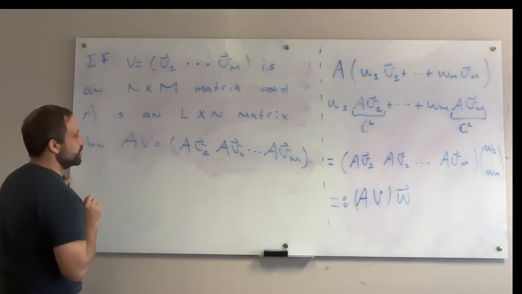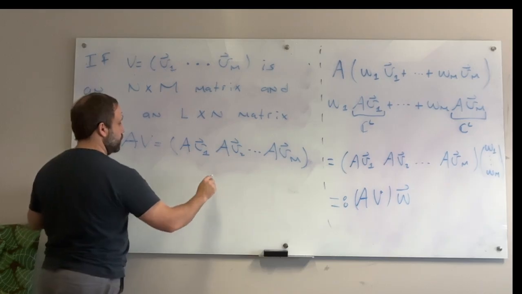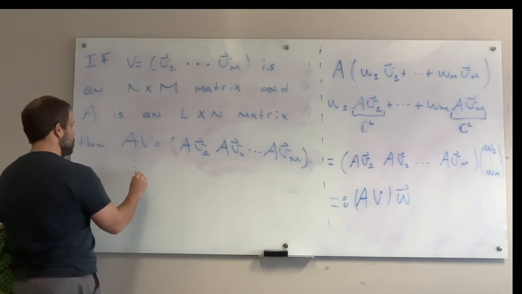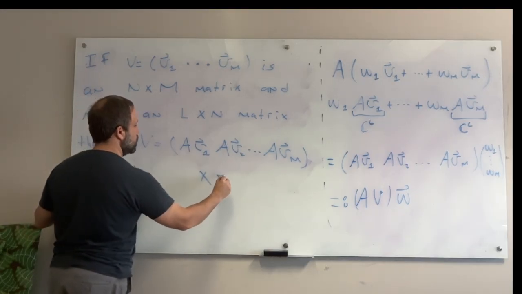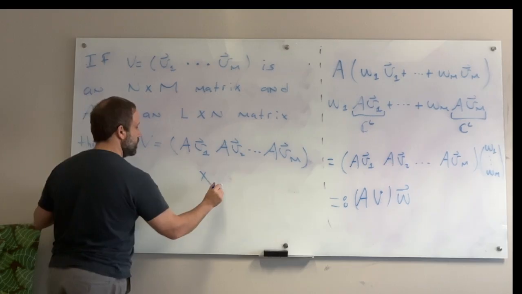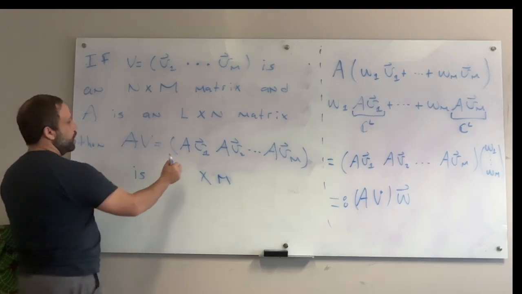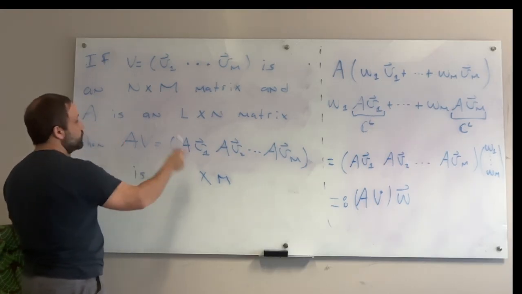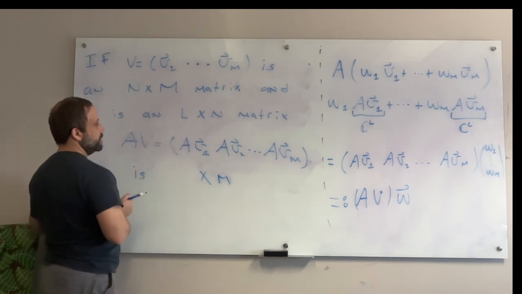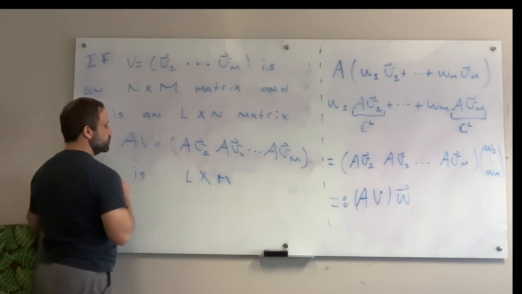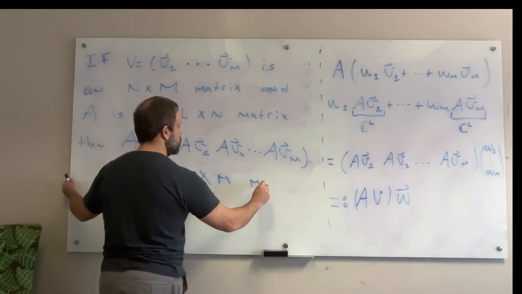What are the dimensions of this matrix? Well, there are M columns, so it's going to be whatever by M. How many rows are there? Well, V1 is an n-dimensional vector, and we're multiplying it by an L by N matrix, and so the number of rows is going to be L. So this is an L by M matrix.